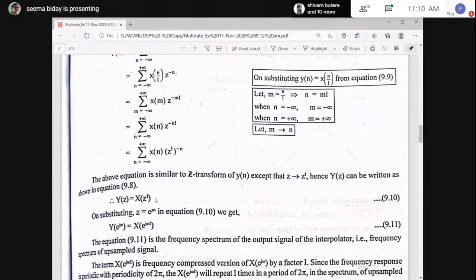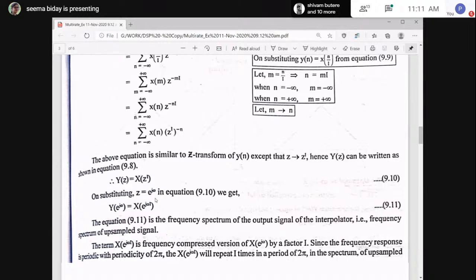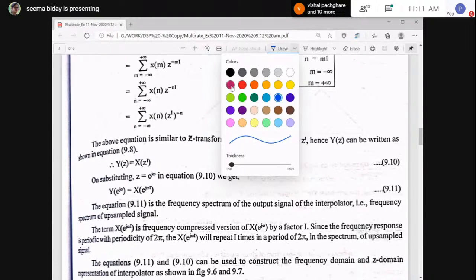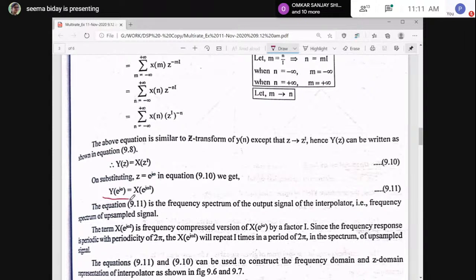Now, how is the spectrum? You take the Fourier transform. In the Fourier transform, simply replace z by e to the power j omega. So now this should be kept in mind.